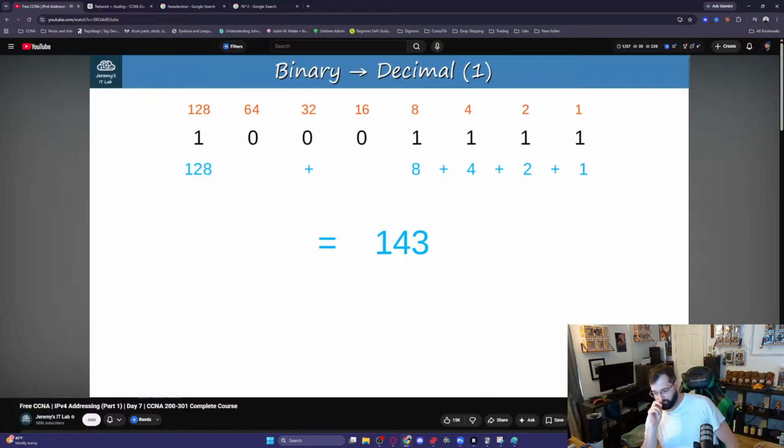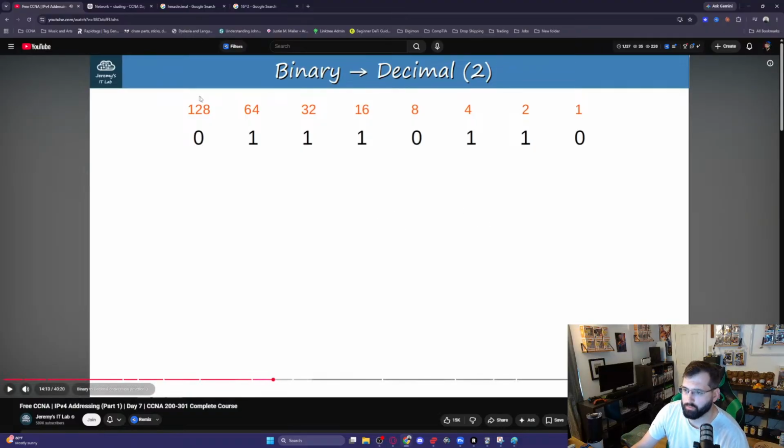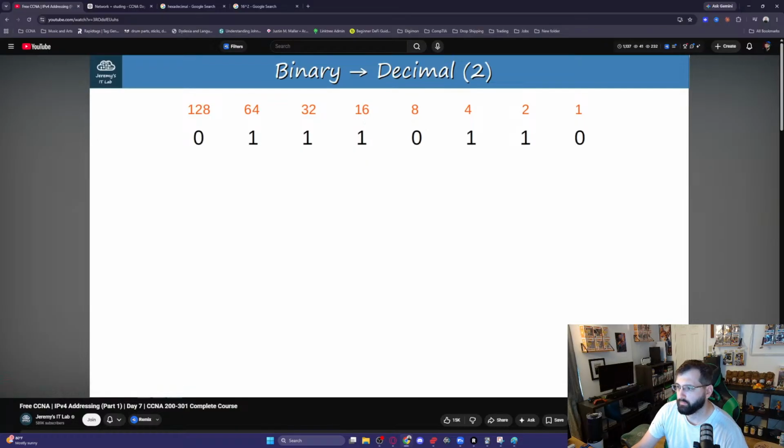Let's do another example. Now we have binary 01110110. Once again, write the value of each binary digit over the octet. Okay, so we should be able to do this one pretty quickly. So we have 2, 4, that's 6, 6 and 16, that's 22. 22 plus 32, that's 54. 54 plus 64, that's 118.